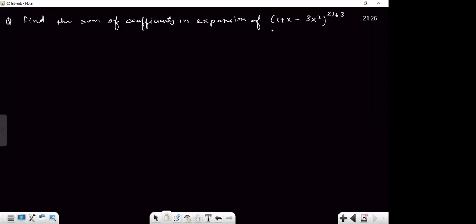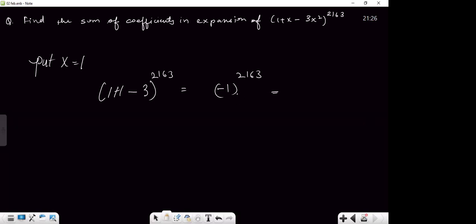But we don't have to worry. What we have to do is put x equals 1. 1 plus 1 minus 3 into 1 square, basically 3 only, raised to 2163. 2 minus 3 becomes minus 1 raised to 2163. Minus 1 raised to any odd power will give us only minus 1. That is our answer.